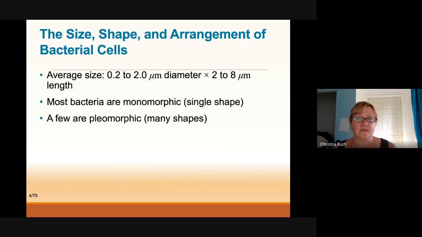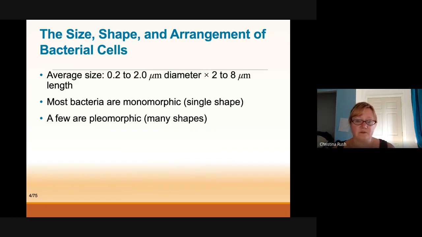So when we look at the size, shape, and arrangement of bacterial cells, the average size is between 0.2 to 2 micrometers in diameter, and that's by 8 micrometers in length. So we are talking about three-dimensional creatures, right? Most bacteria are monomorphic, meaning single shape, but some of them are pleomorphic, which means they have many different shapes.